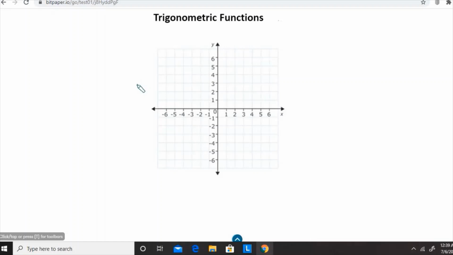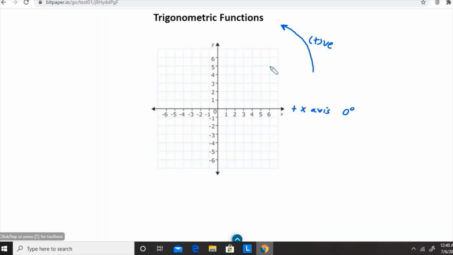In this section, we are going to talk about trigonometric functions. So we always measure an angle relative to the positive x-axis. So this is our positive x-axis. Okay, and that's considered 0 degrees, and we always go counterclockwise direction, and that's considered the positive orientation.